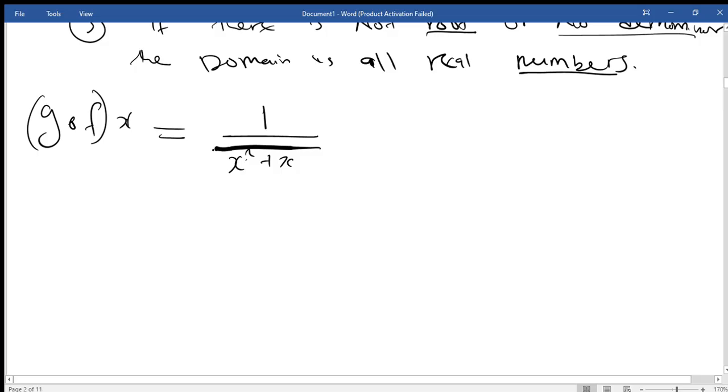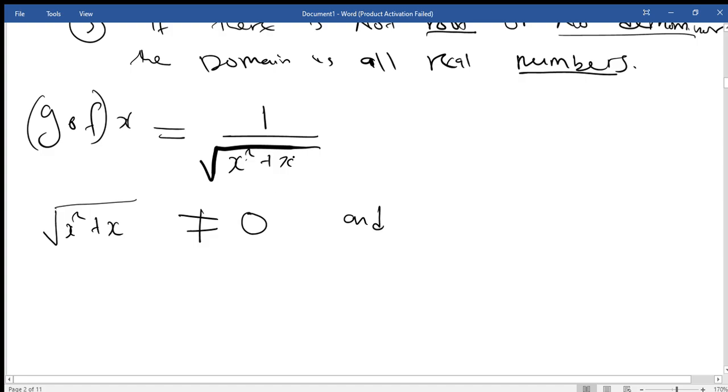So what restriction are we following here? We are following the denominator. I can see an expression in the denominator. This implies that for this function to be defined, the root of x squared plus x should not be what? 0. But it's not the only thing, we also have the square root.